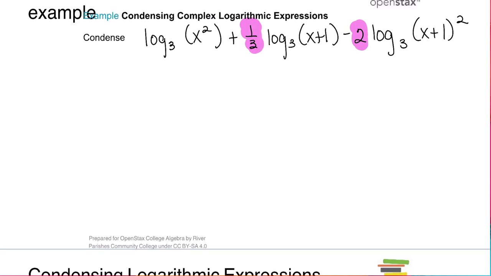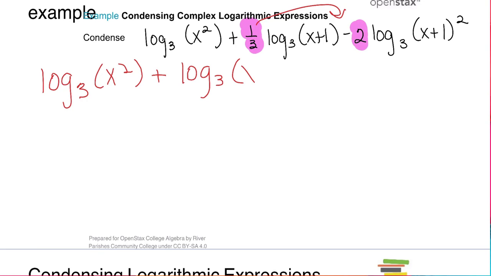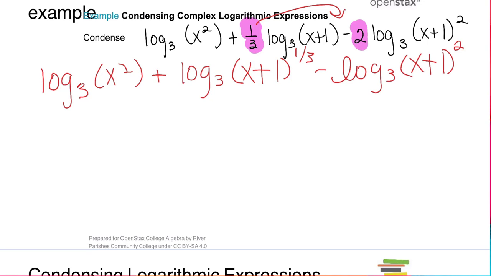So I would write this as log base 3 of x squared plus, I'm going to move this 1/3 here, log base 3 of x plus 1 to the 1/3, minus log base 3 of x plus 1 squared to the, we're going to move this here, to the second.